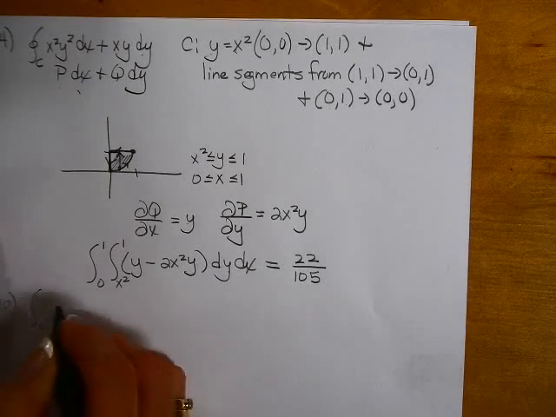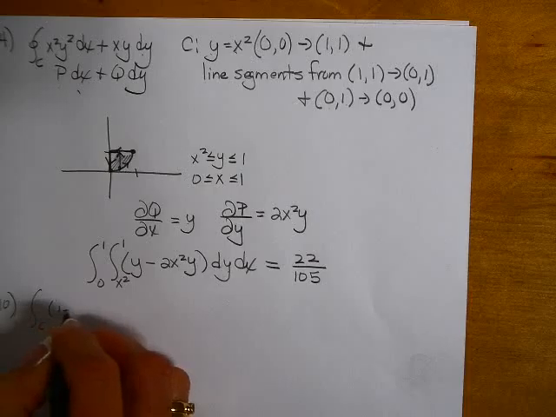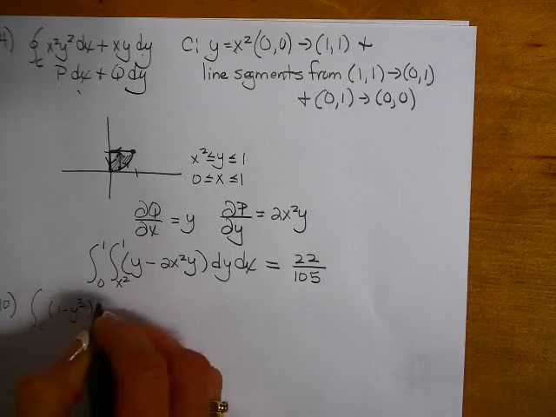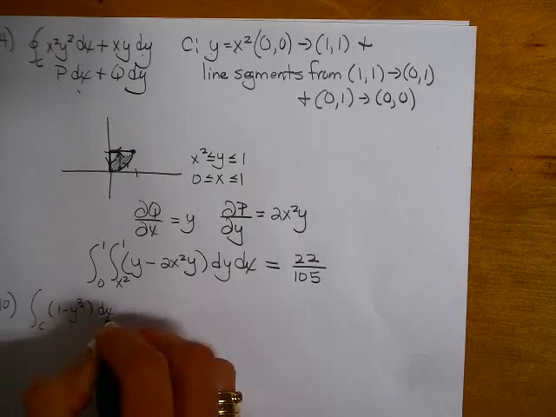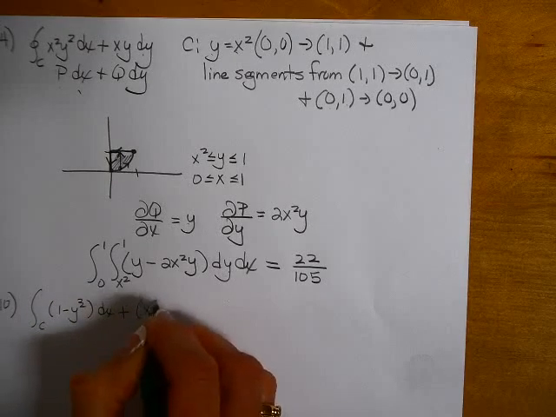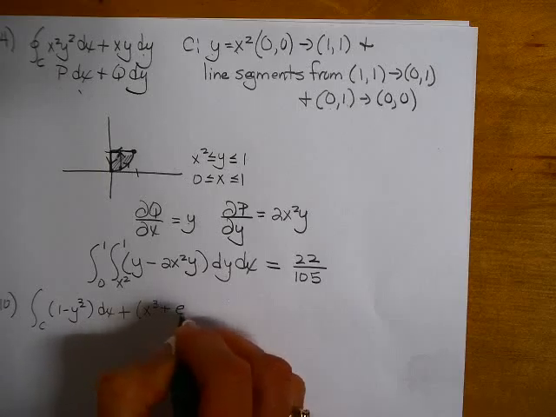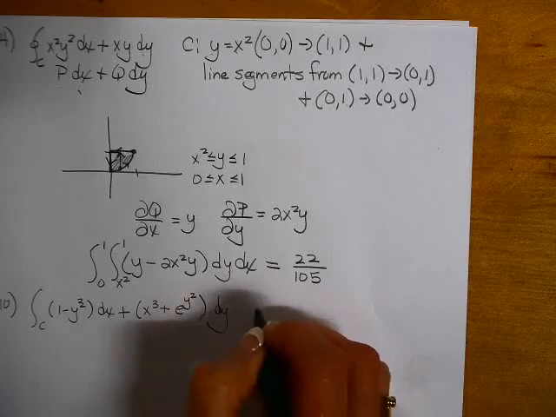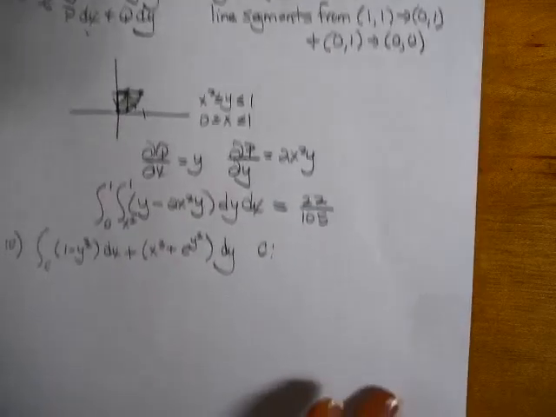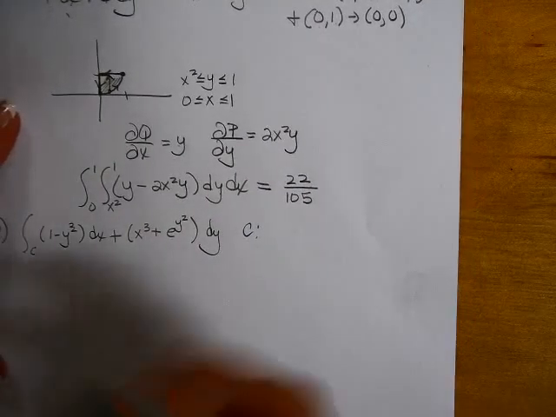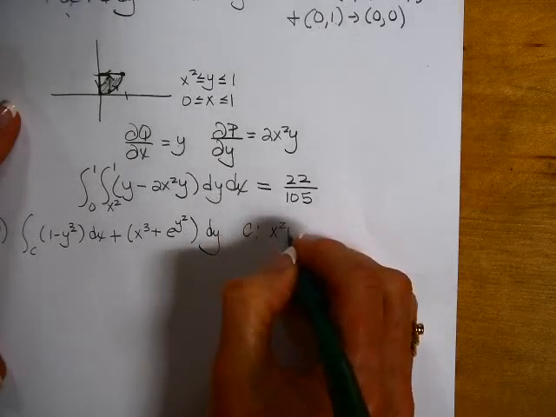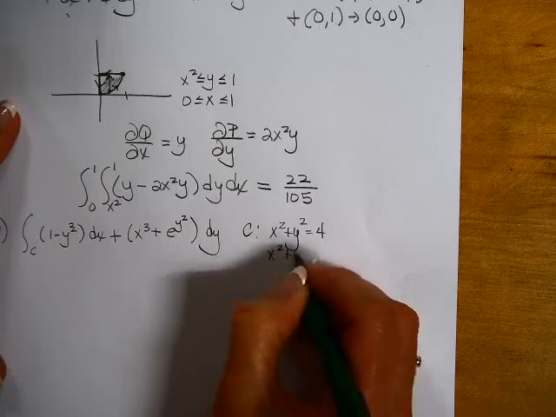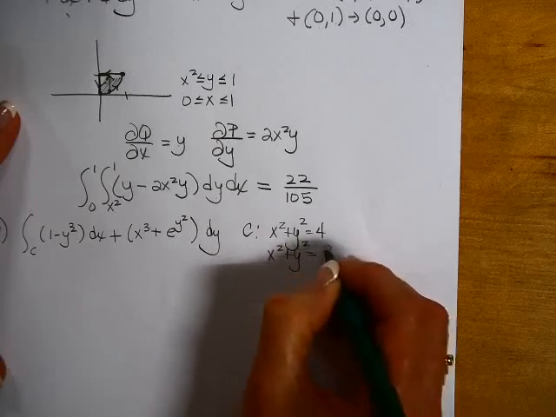All right, let's look at maybe number 10. The line integral of (1 minus y to the third) dx plus (x to the third plus e to the y squared) dy. And C is the boundary of the region that's between the circles x squared plus y squared equals 4, and x squared plus y squared equals 9.